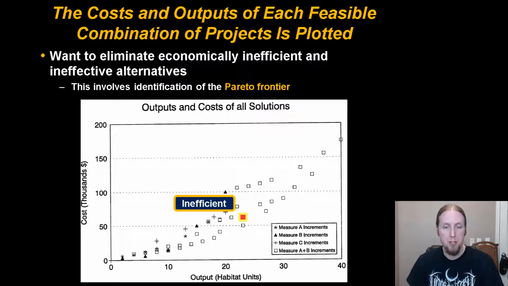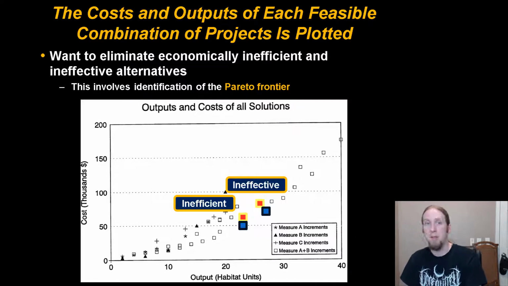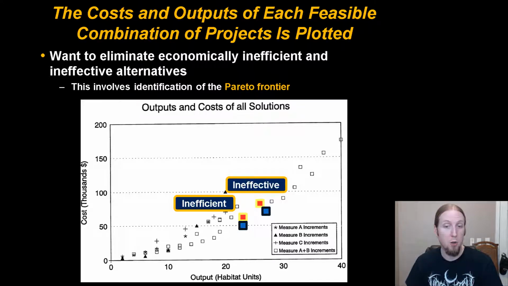What we mean by inefficient is that there's another project that provides the exact same number of habitat units, but at a cheaper cost. Alternatively, we've got some projects that we call ineffective, meaning that there's another project that provides more habitat units at lower cost, rather. So we're going to get rid of all of those projects that are either inefficient or ineffective.